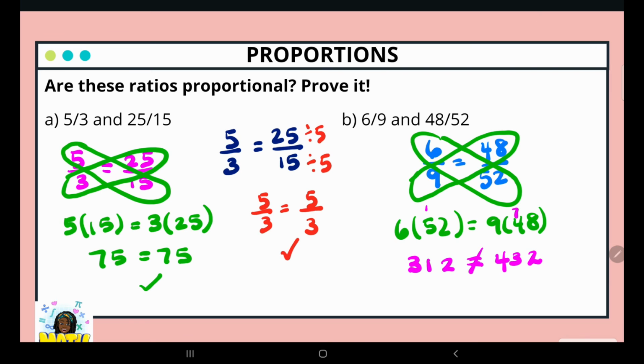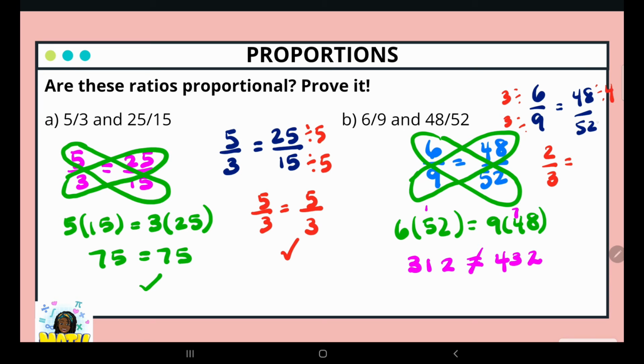Now, if we try the method of simplification, we have 6 over 9 equals 48 over 52. 6 over 9 can be simplified, so 3 can go evenly into each of these numbers. 3 goes evenly into 6, and it also goes evenly into 9. So that would be 2 over 3. The largest number that I can think of that can go evenly into 48 and 52 is the number 4.